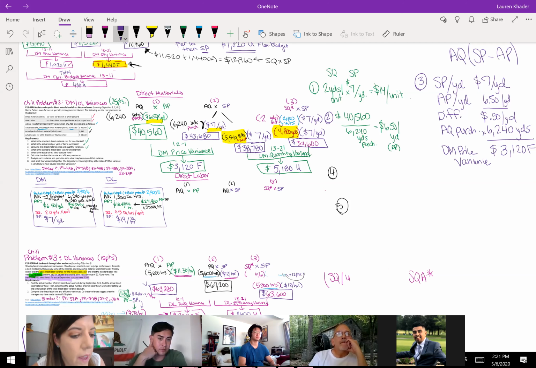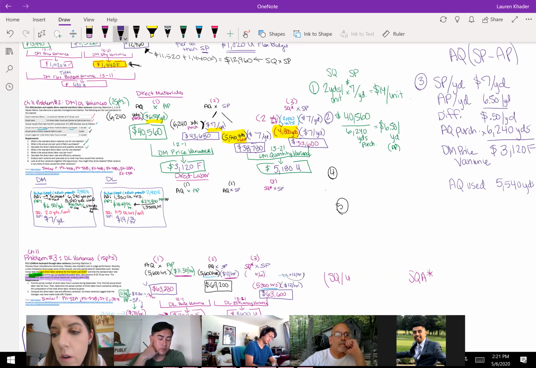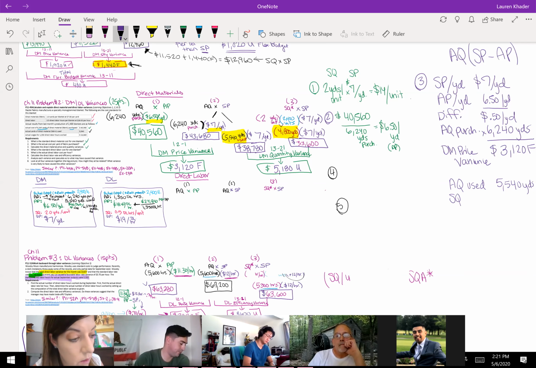And then for the calculation, you would do actual quantity used, and this is the total, so 5,540 yards used compared to the standard quantity allowed, 4,800 yards.